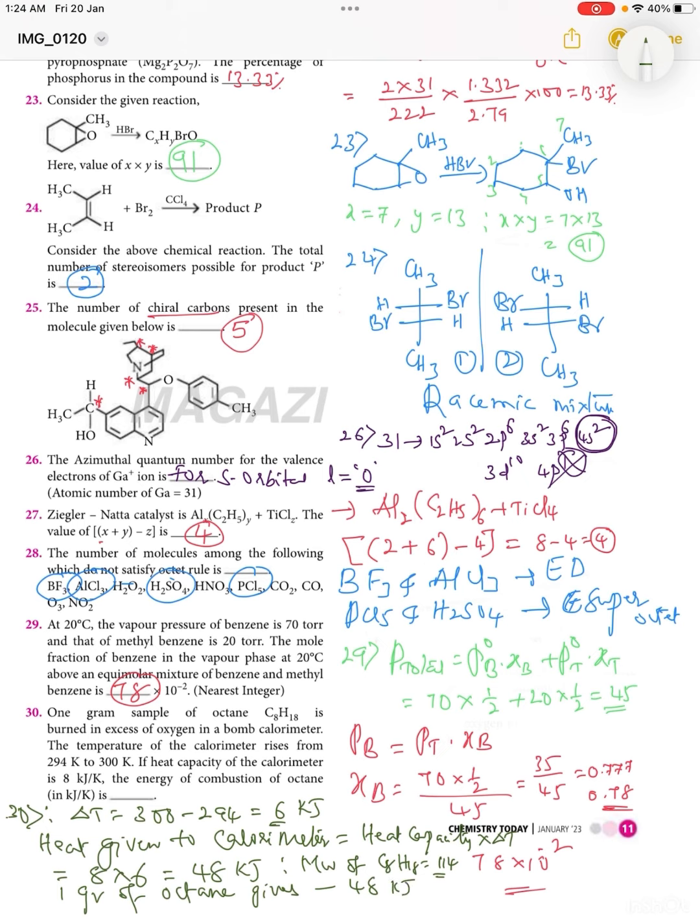Then 114 grams gives how much? That's it. So X is equals to 48 into 114. That is equals to 5472 kilojoule per mole. So the answer is what? 5472. Thank you.